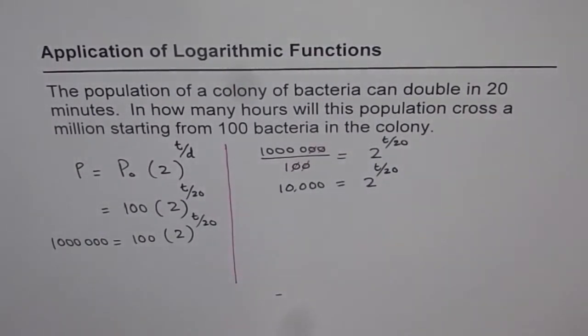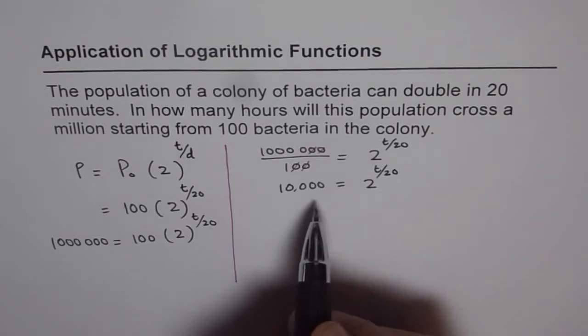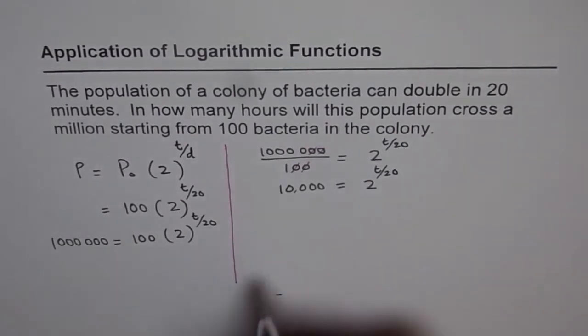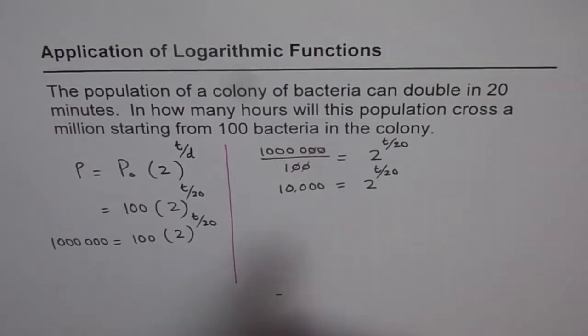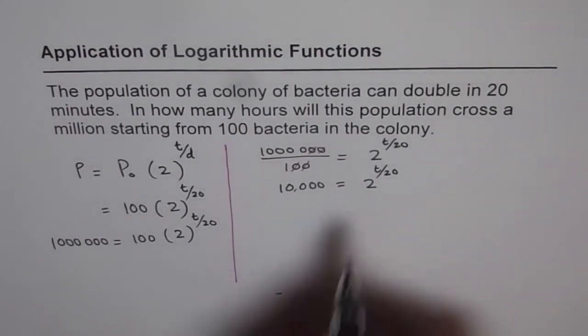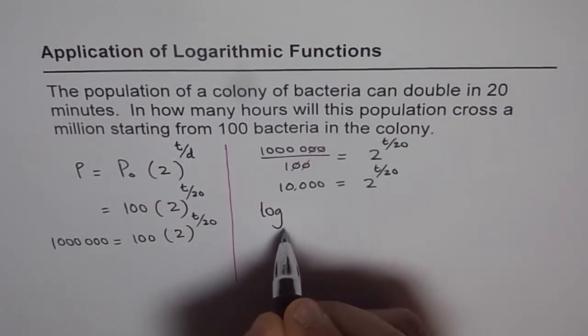Now for an exponential function, logarithm is the inverse, right? Since we are working with numbers which are 10, we'll take log to the base 10. Well, we have two options, since the calculator has log to the base 10 or log to the base e, we can take either one of them. Now we'll prefer to take log to the base 10. So if we take log on both sides, what do we get? We write log, and to the base 10 we don't really write the base.